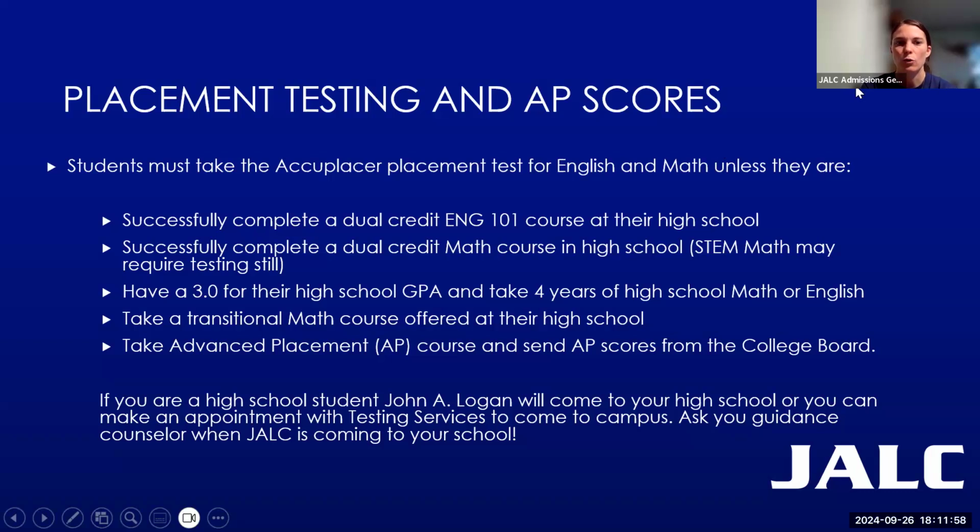Unless you successfully completed a dual credit English, maybe if you were a dual credit student at your high school, or a dual credit math course in your high school, and some of those are listed there. If you have a 3.0 GPA in high school and you take math all 4 years, or English as well, then you may not have to test.